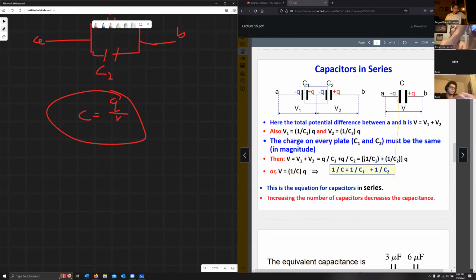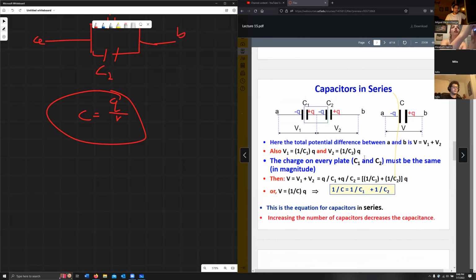So capacitors in series. Pretty straightforward, I think. Here, the total potential difference between A and B is equal to V1 plus V2.